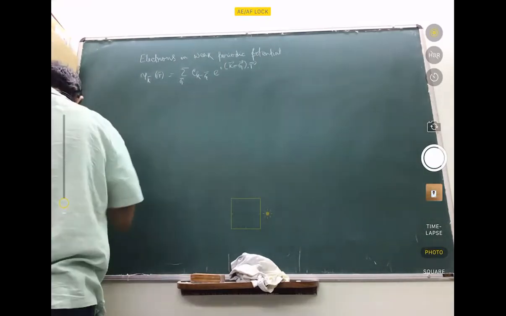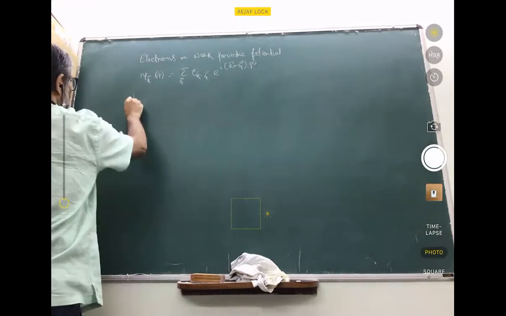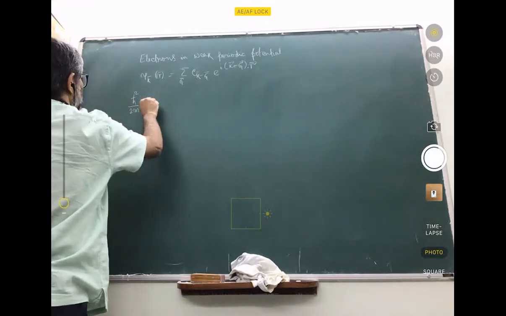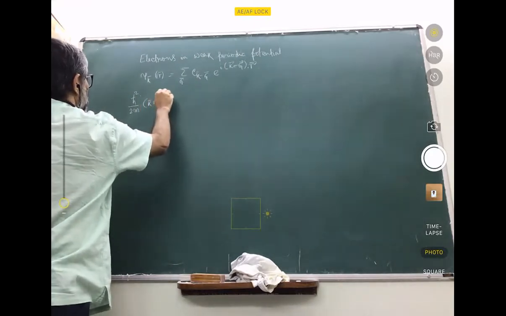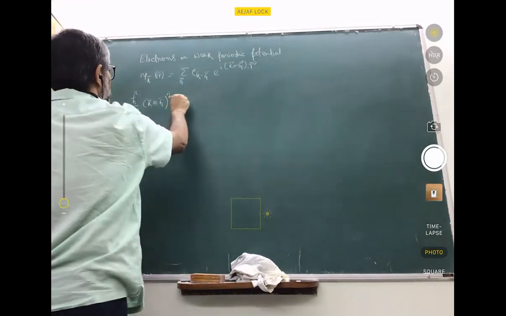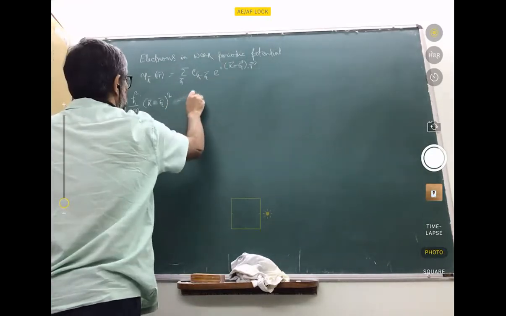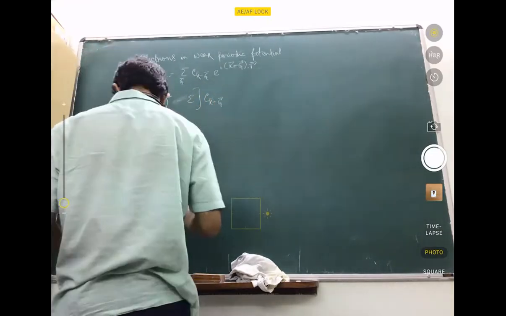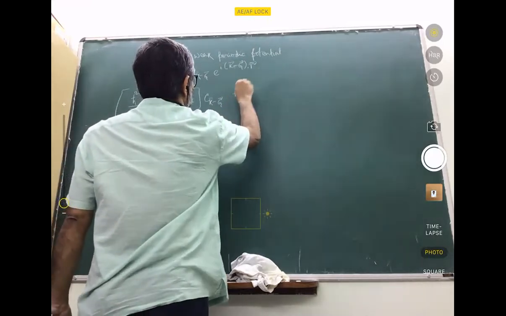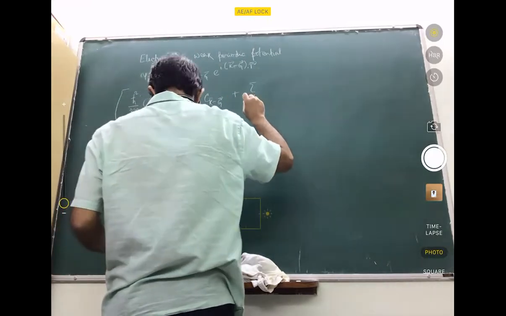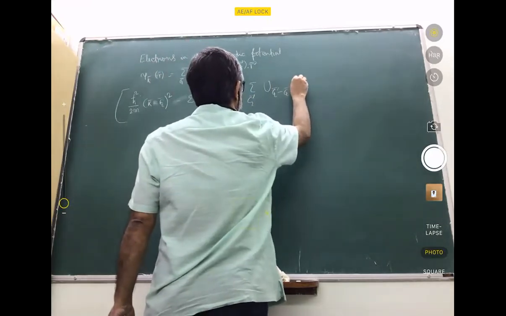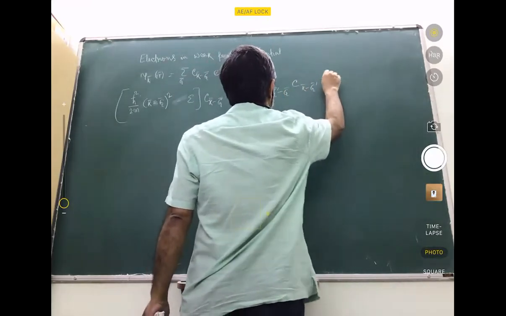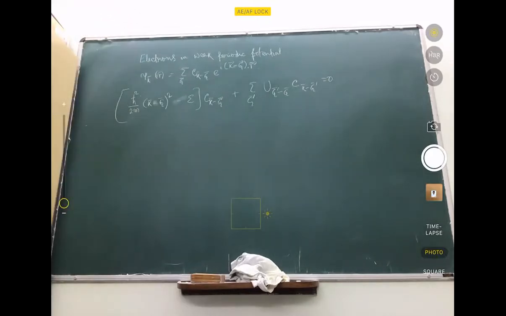If I apply the Hamiltonian, the eigenvalue equation can be written in the following way. I think we had written this earlier also. So this is the equation that we will use.